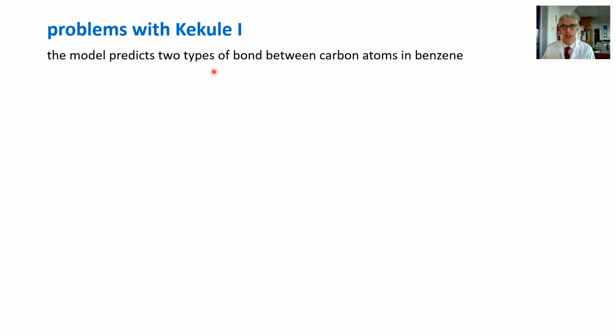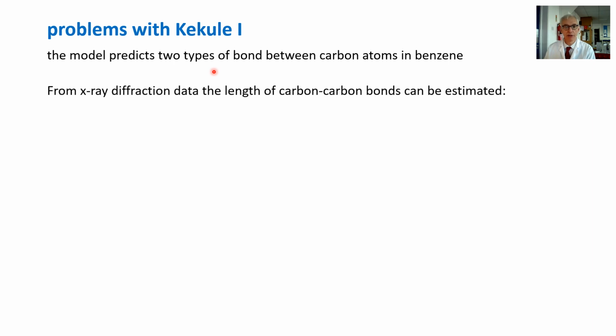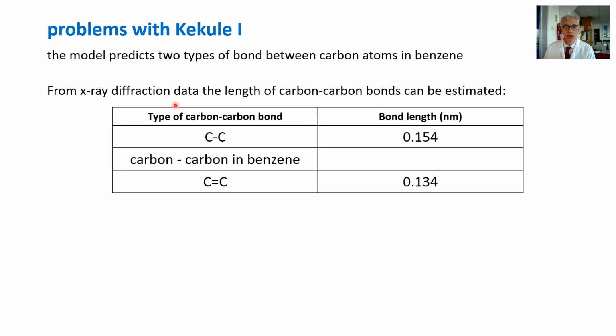Now, if we can get an estimate of the length of the carbon-carbon bonds, which we can from X-ray diffraction data, and if I share that data with you, we'll see that the carbon-carbon single bond is estimated to have a bond length in general within the hydrocarbons and other molecules of 0.154 nanometers. The carbon-carbon double bond is estimated at 0.134 nanometers.